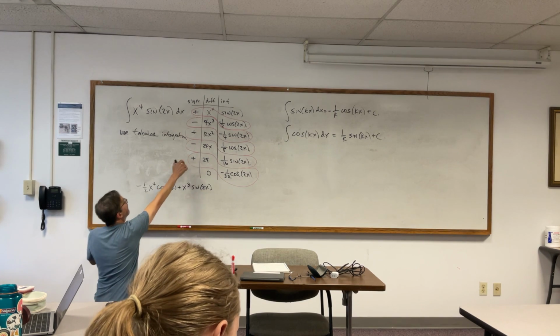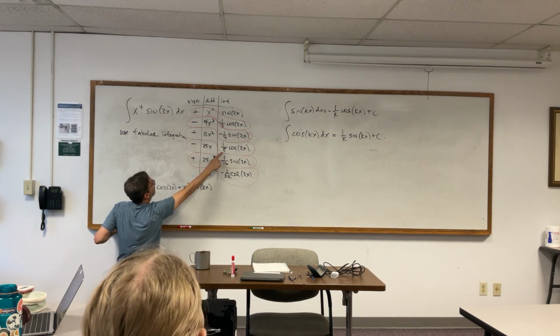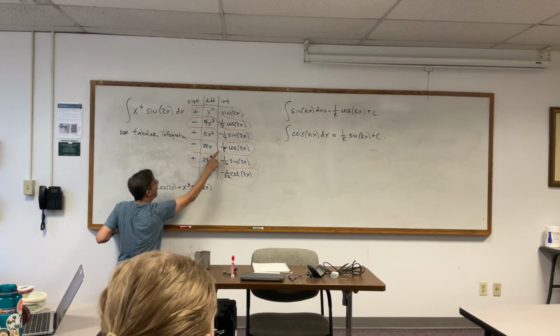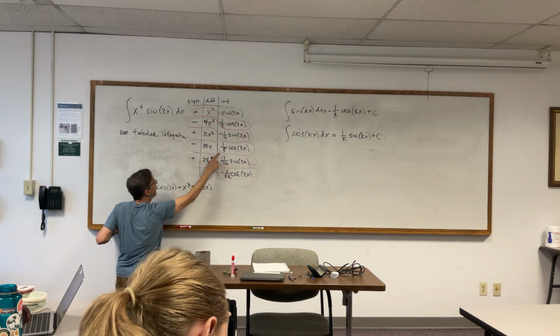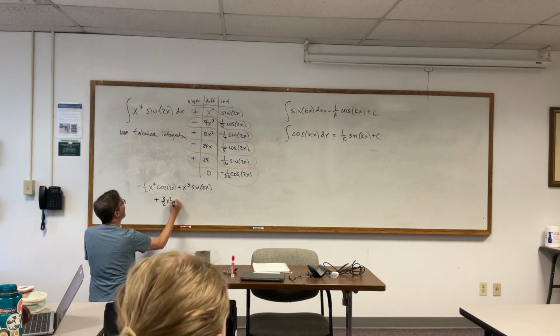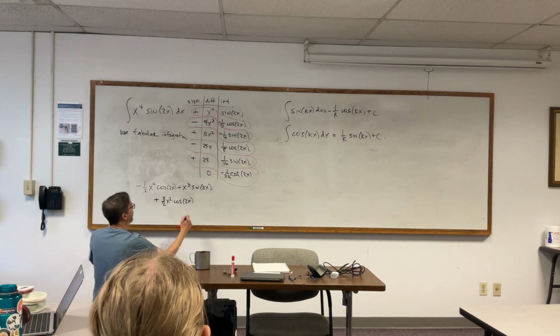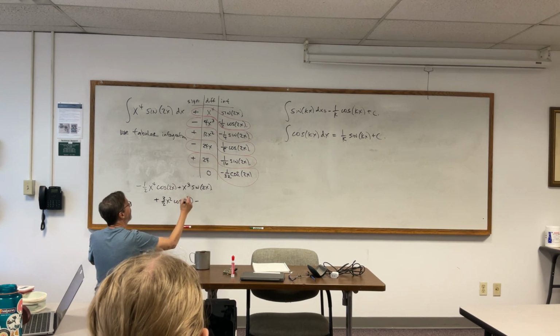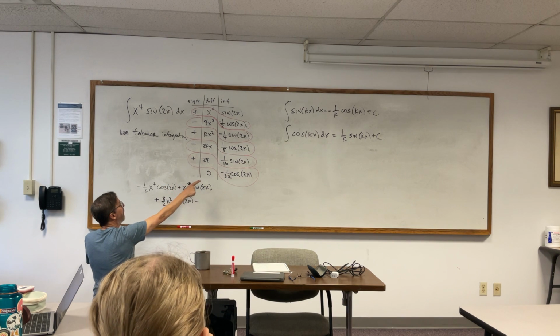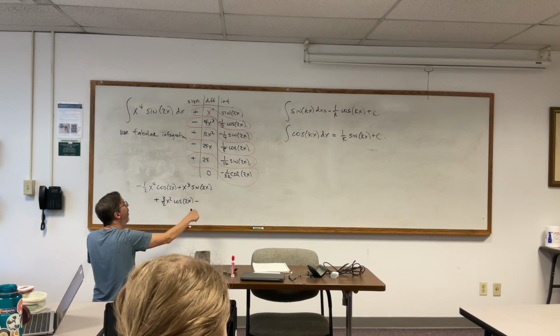And then the next one's gonna be plus 3 halves x squared cos 2x. I'm just simplifying 12/8, you know, because it's just the way I roll. 24/16 is 3 halves.